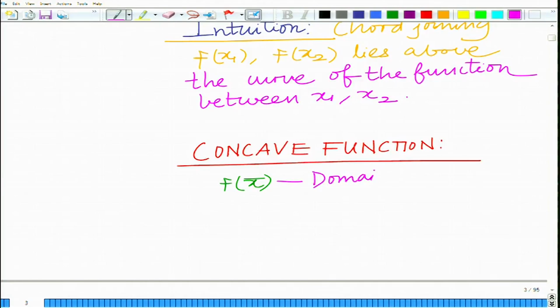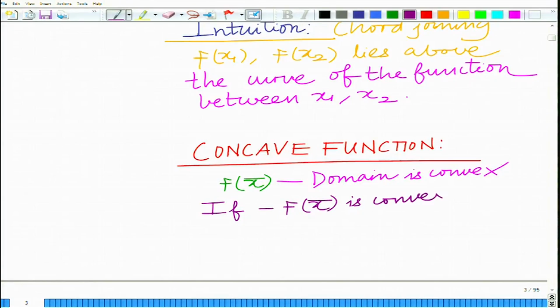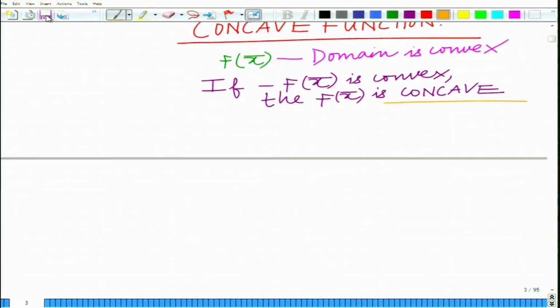The domain, that is the set over which it is defined, is convex, and if minus f is convex, then f of x bar is concave. Alright, so f of x bar is concave if the domain is convex and minus of f is convex.